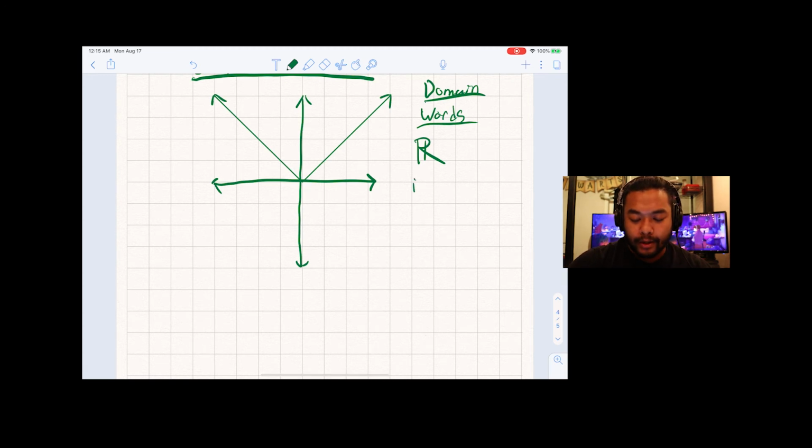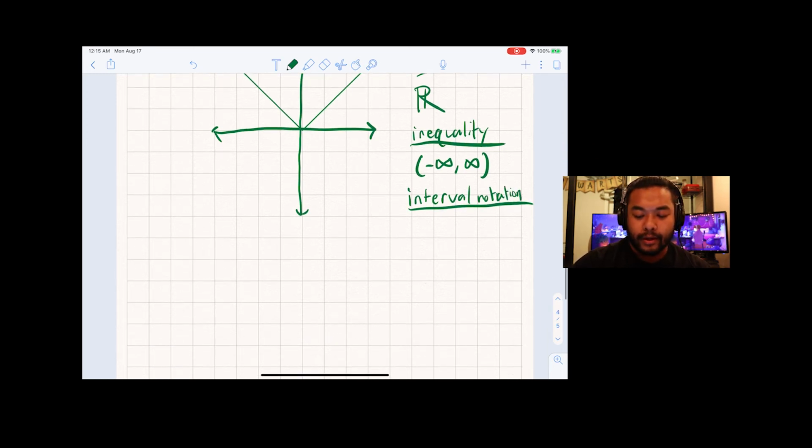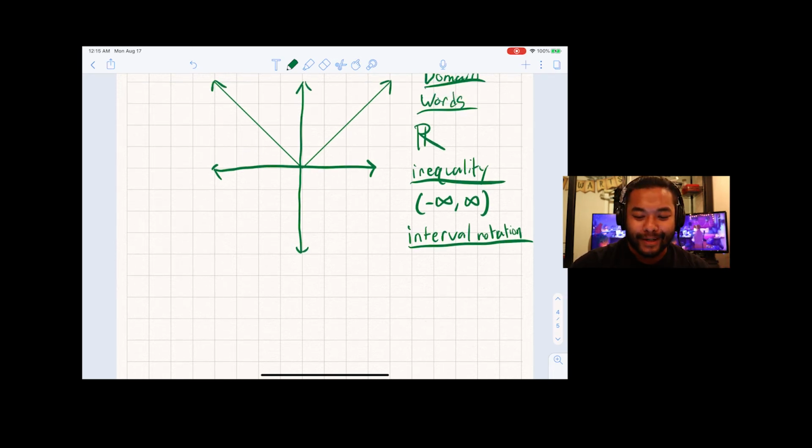For inequality notation, since it's all real numbers, literally every number I could possibly get on the x-axis, then it's just negative infinity to infinity. In interval notation, then we are going to have, look at me, I'm already getting mixed up. I'm so sorry, guys.